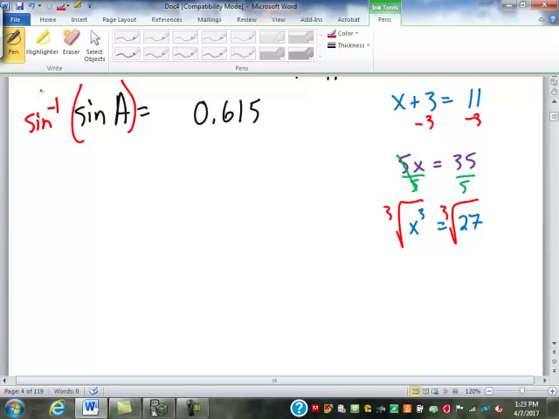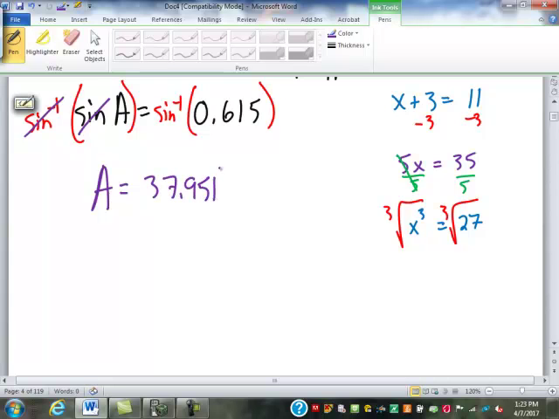That is the inverse sine, and we have to do it to both sides. On the left, sine and inverse sine cancel out, leaving just A. On your calculator, you get sine -1 of 0.615, which is 37.951 degrees.